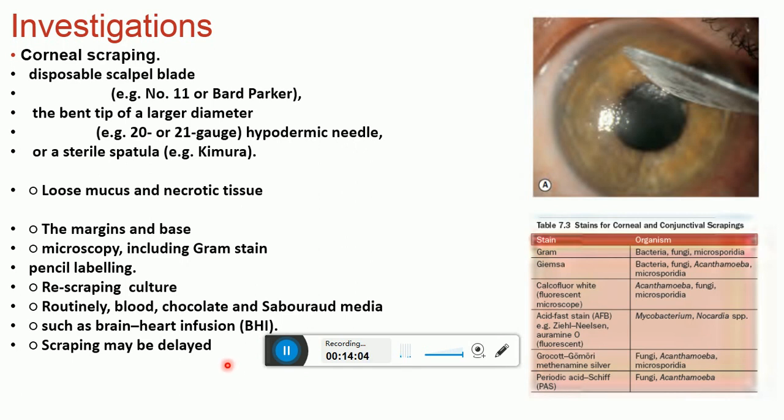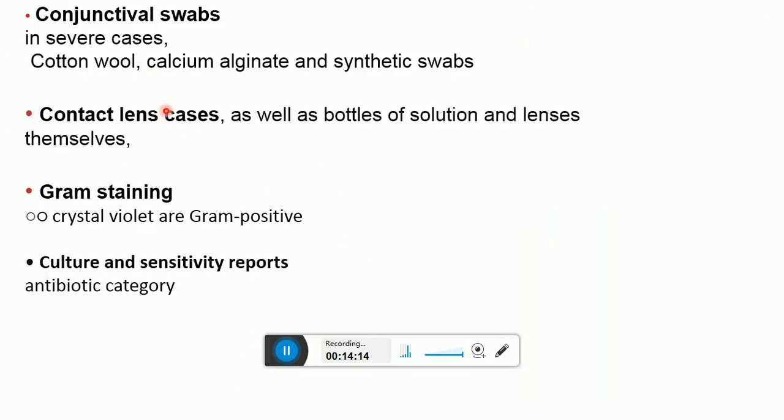Scraping may be delayed without treatment for 12 hours if antibiotics have previously been commenced. Conjunctival swabs may be worthwhile in addition to corneal scraping, particularly in severe cases, as occasionally an organism may be cultured when a corneal scrape is negative.